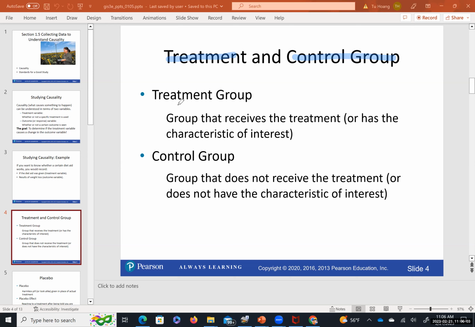The action here is to compare the outcome variable for these two groups, right?